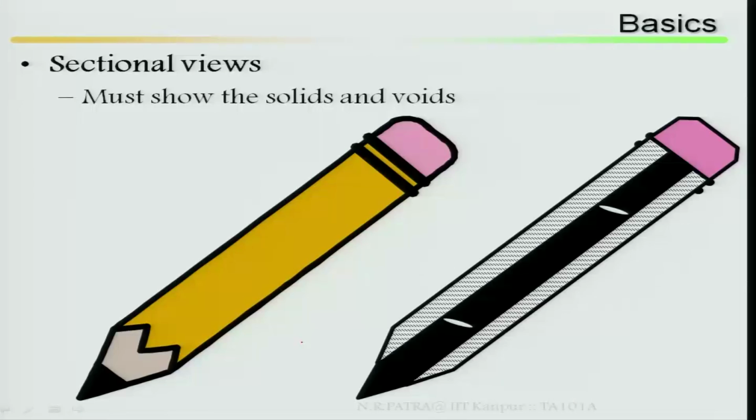Lead has been covered by this wood, and sometimes there is a cap at the back side of the pencil. I can see the wood here, and here I can see the lead, but whether this lead is throughout or not I do not know, and there is a cap. If I cut it, then I can find out that this lead is throughout and there is wood, then this is your cap. This is your basic.